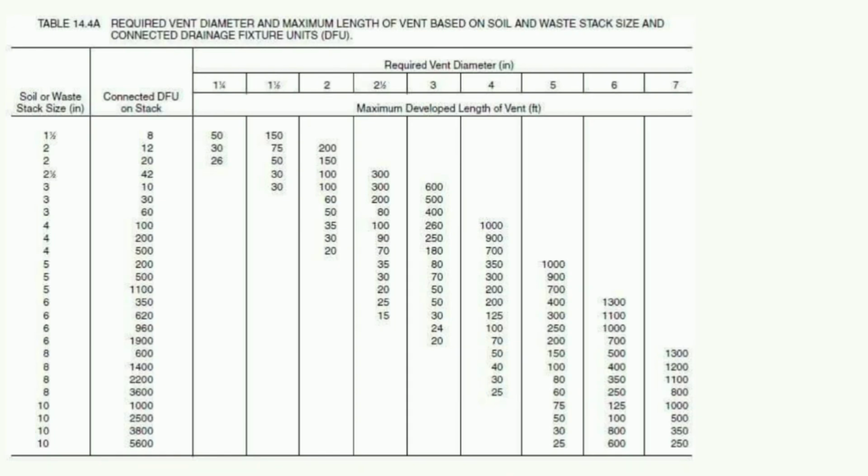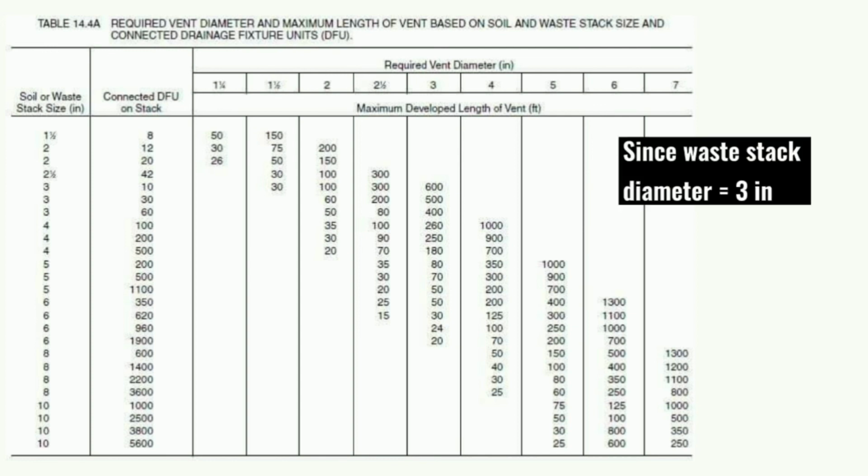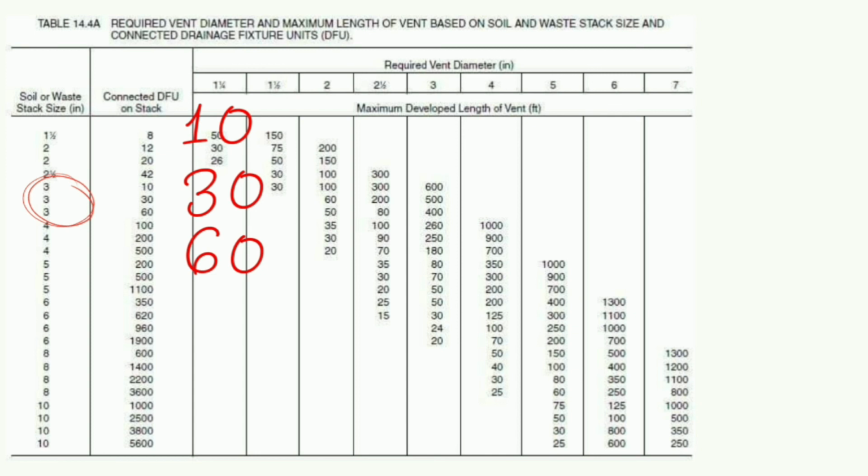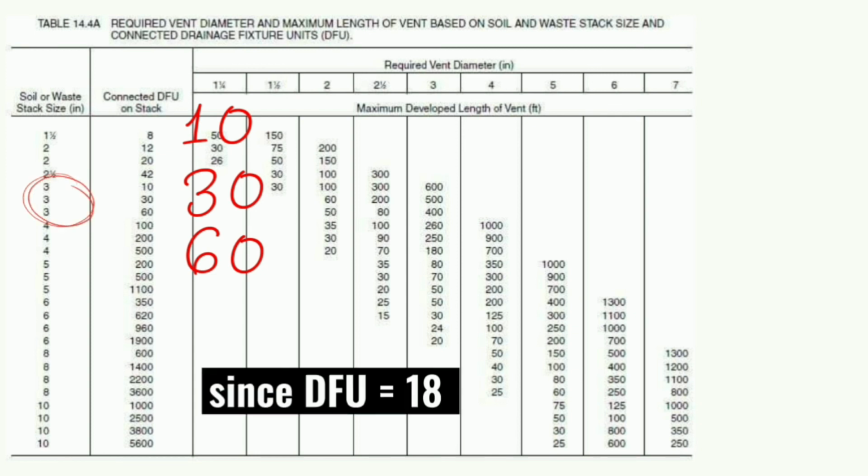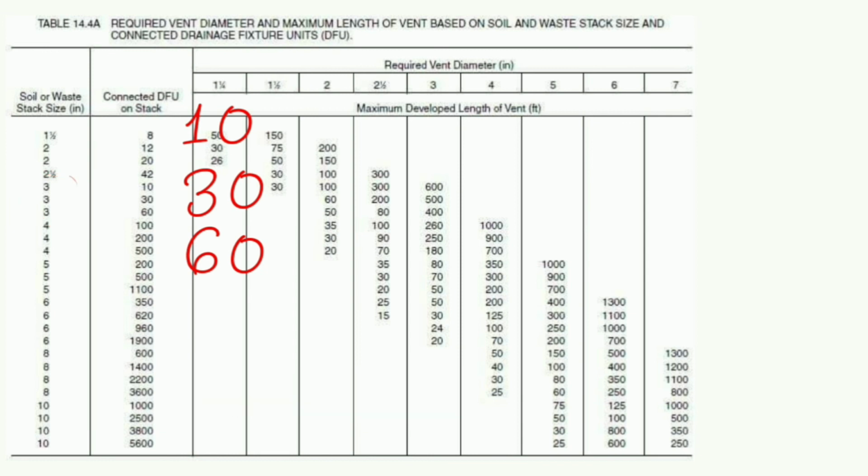And lastly, para makuha natin yung vent stack, refer tayo sa table 14.4a. So, yung nakuha nga nating diameter ng waste stack natin is 3 inches. So, meron tayong ditong tatlong 3 inches at yung connected DFU niya is 10, 30, 60. So, yung ilan nga yung DFU natin? So, 18. Yung mas malapit sa 18 is yung 30.